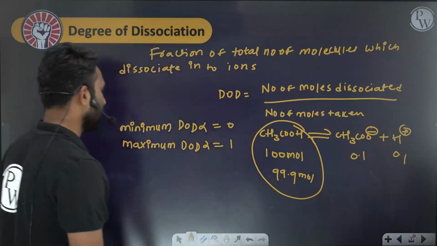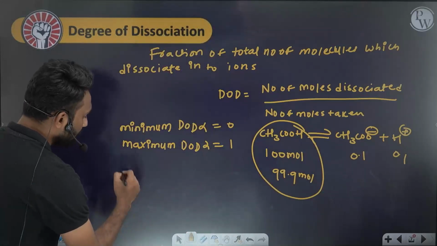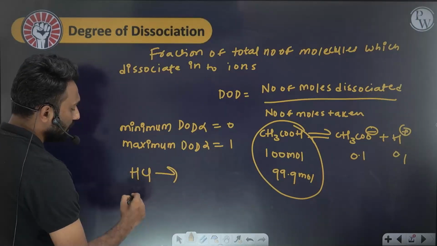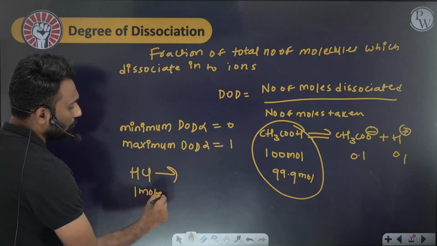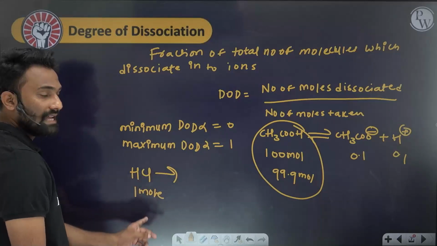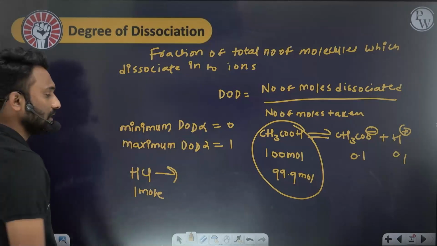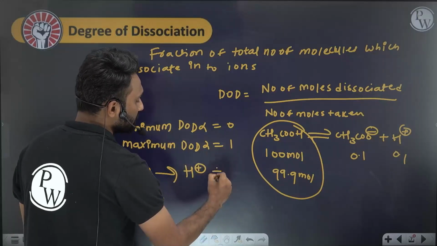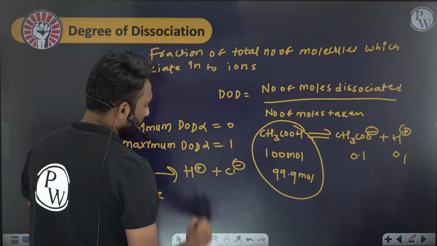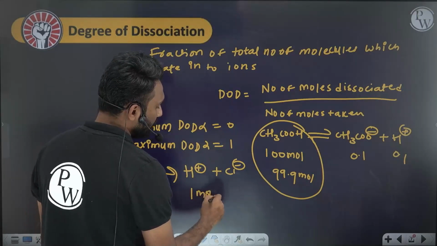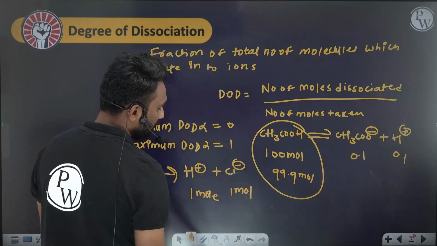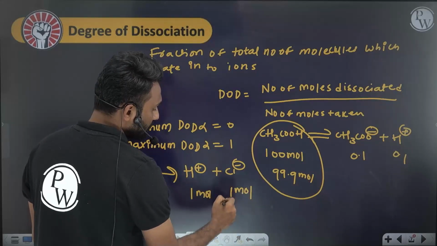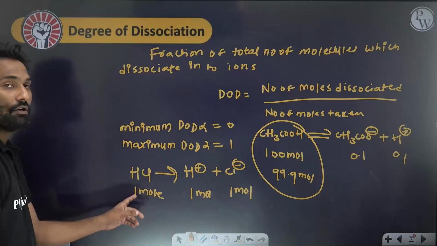Now if you take the strong acid HCl, 1 mole, a strong acid completely dissociates. 1 mole will be converted into 1 mole of H plus and 1 mole of Cl minus.